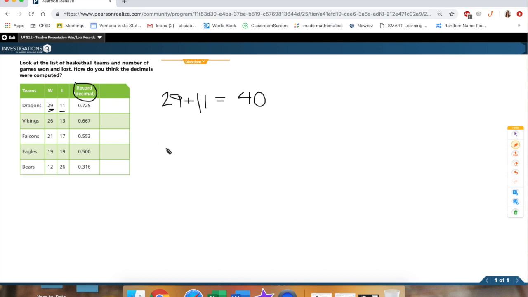So we're going to write 29 out of how many games they played, and we're thinking about division. 29 out of 40, and we can write that as 29 divided by 40, because our division symbol is this part right here. 29 divided by 40 is going to give us the answer that we have, which is 0.725.